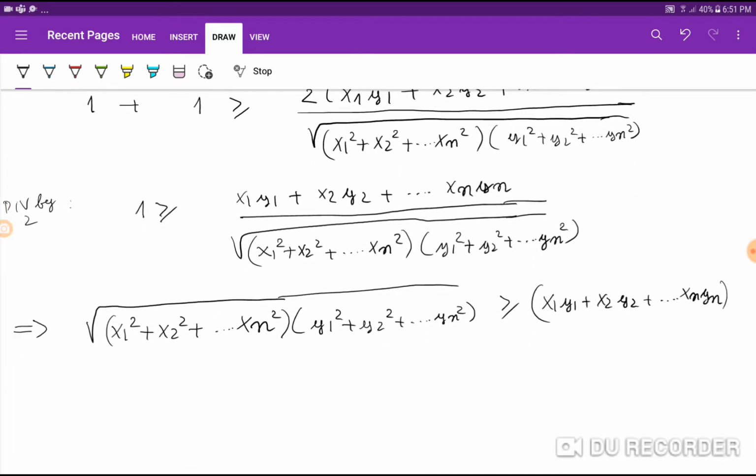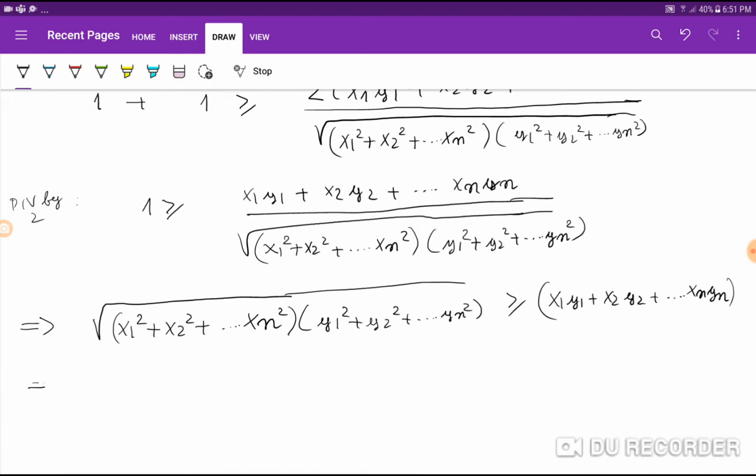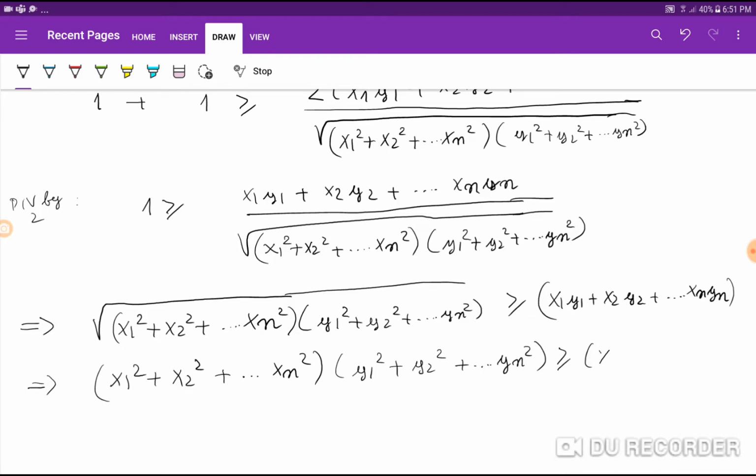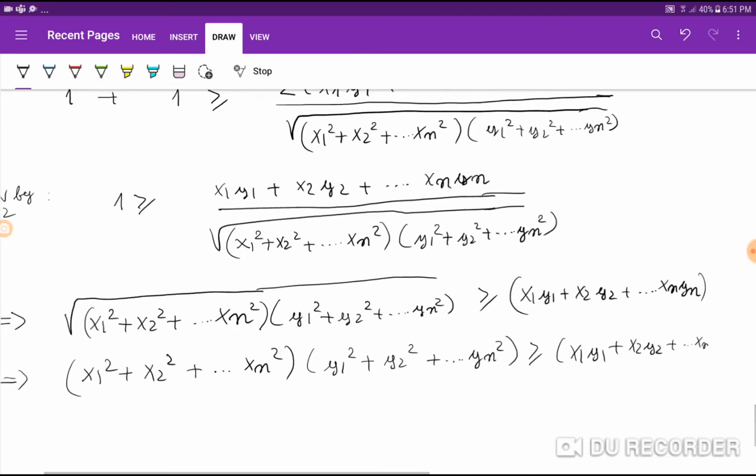Okay, and if you square both sides, you arrive at x1 squared plus x2 squared plus all the way to xn squared, times y1 squared plus y2 squared plus all the way to yn squared, greater than or equal to x1 y1 plus x2 y2 plus all the way to xn yn, squared.